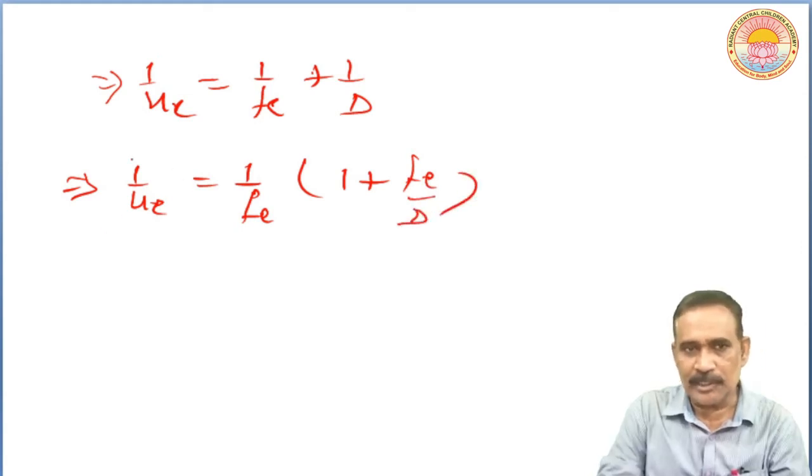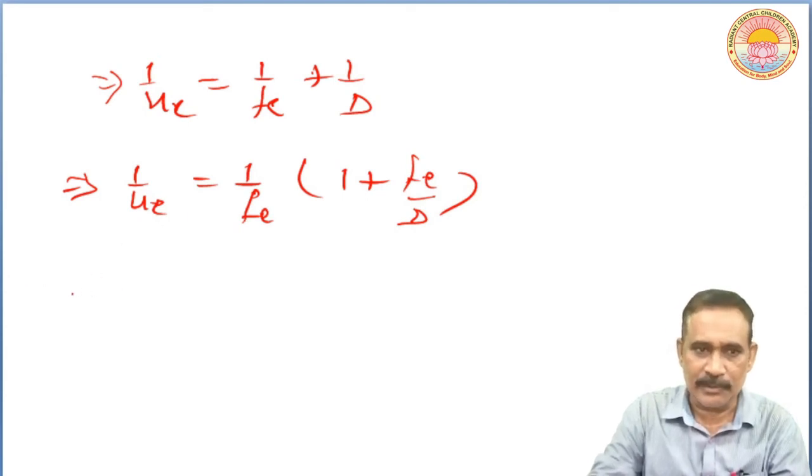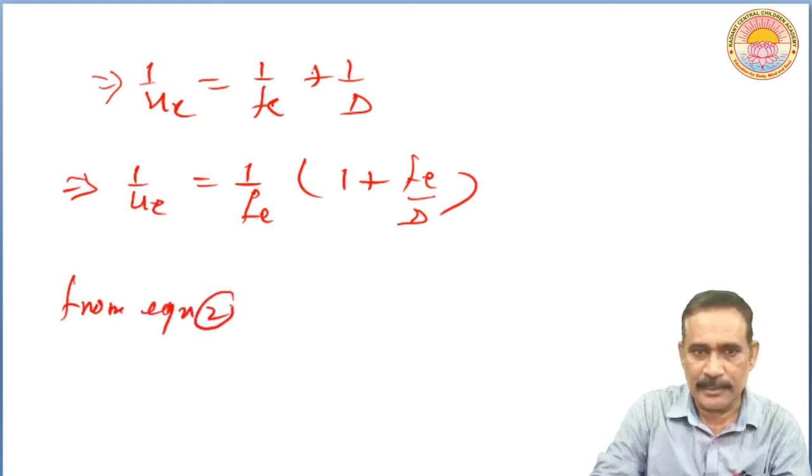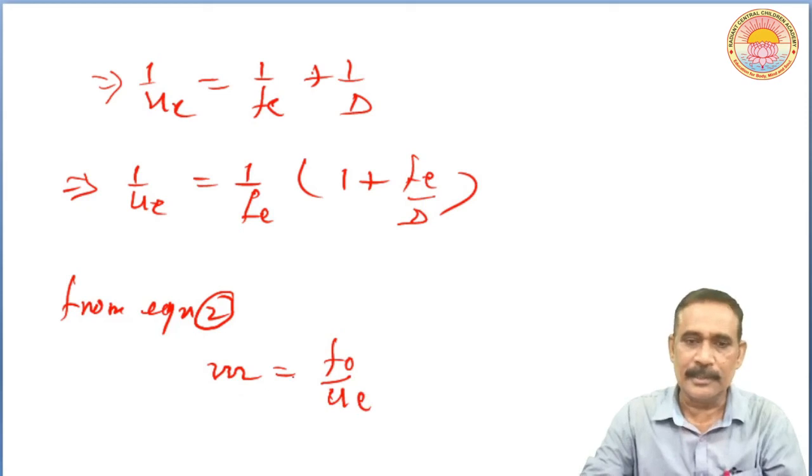Again we will put this value of 1 upon UE in equation 2. From the second equation, the angular magnification m equal to FO upon UE. So here you put the value of UE.